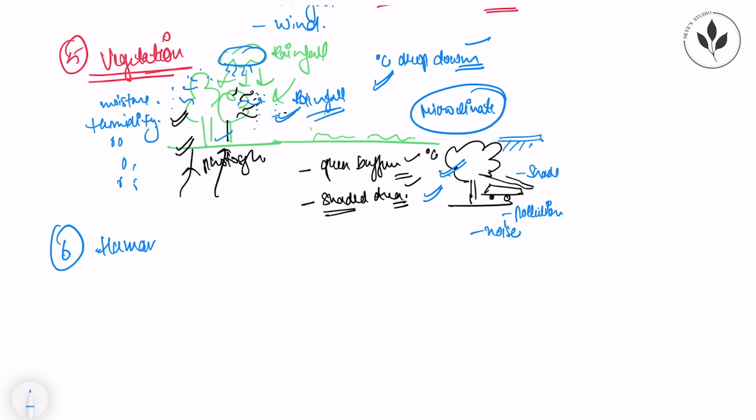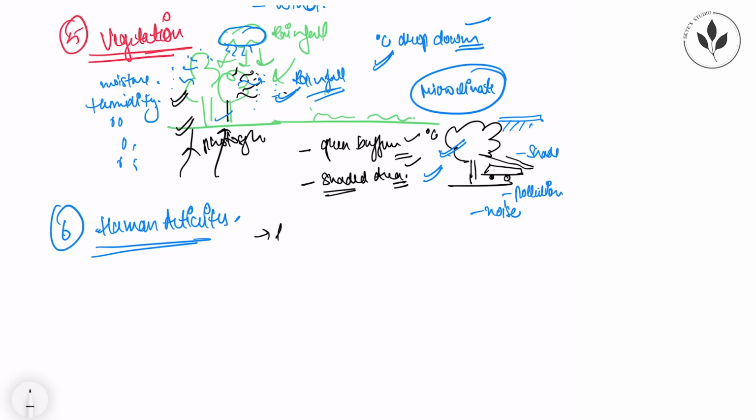And the last factor is human activities. Now, many of the activities that we do are actually harming our nature, which is indirectly leading to global warming. Everybody knows about it.